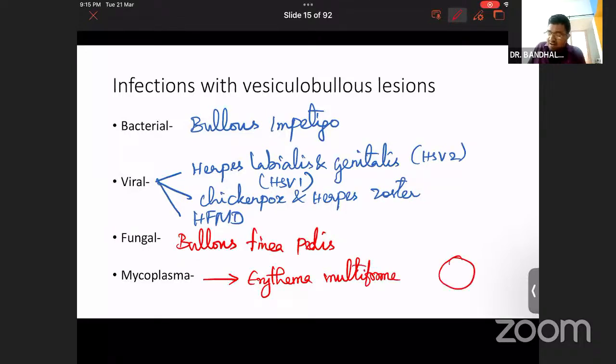In this, there will be a targetoid lesion or target lesion with a central vesicle. These are the common infections with vesiculobullous lesions. If you remember this, if a similar question is asked, you can answer it.